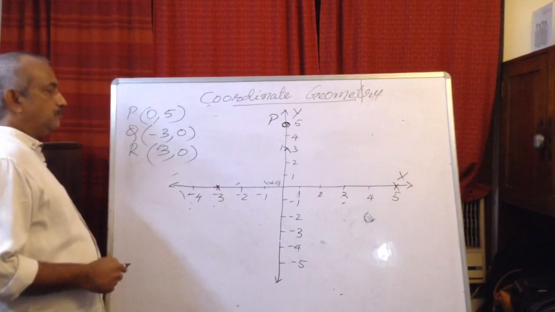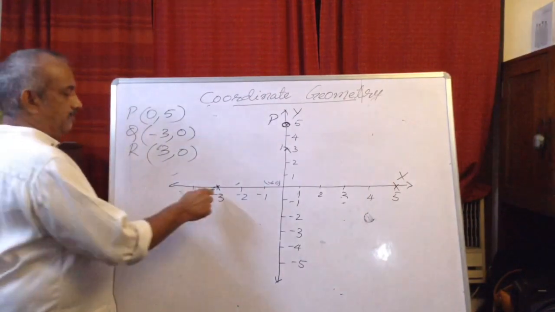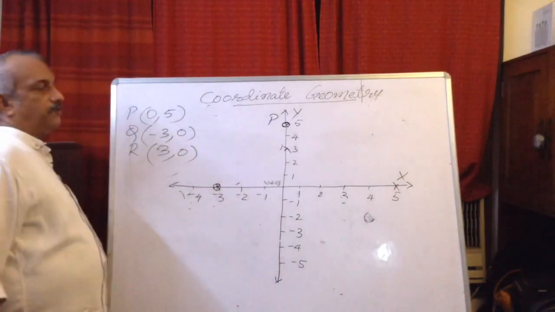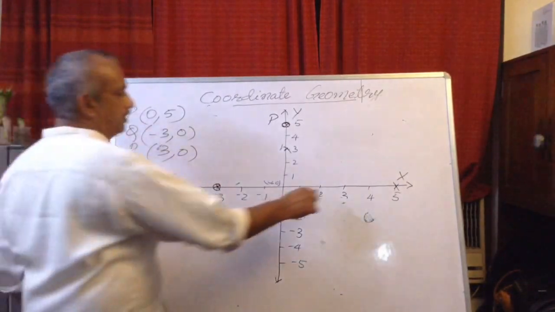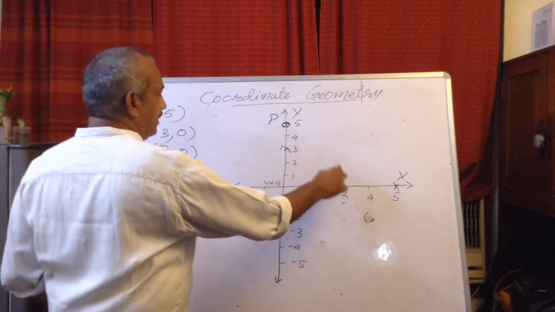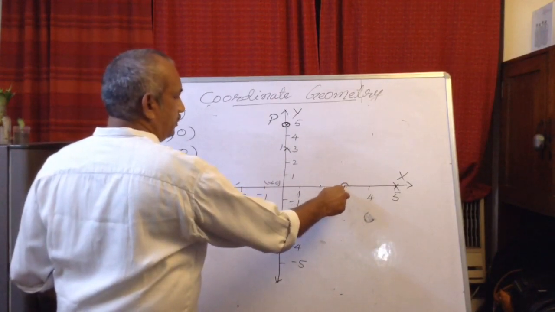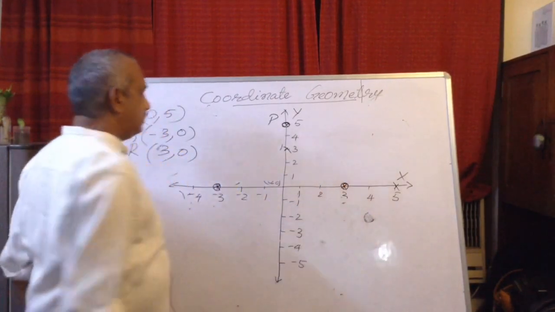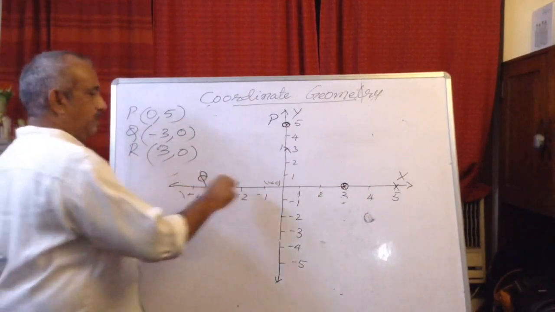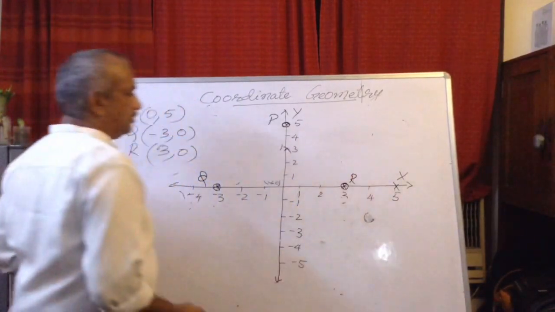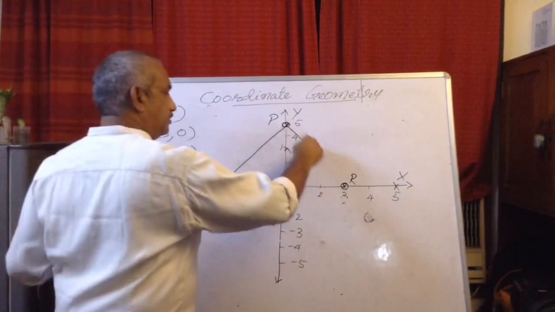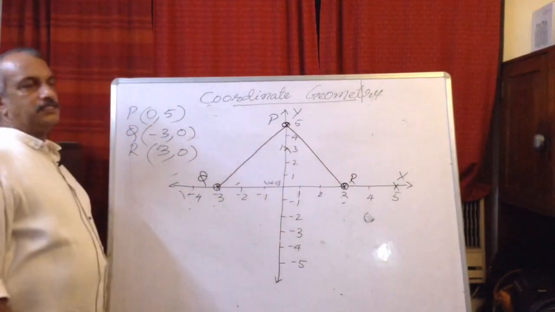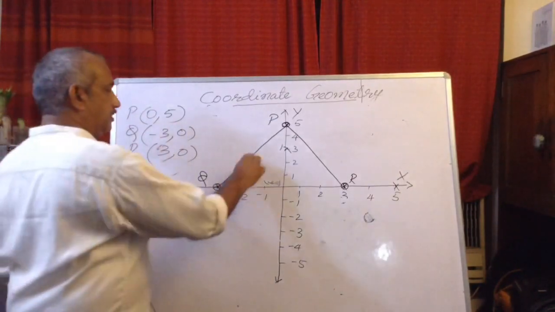Second one Q(-3, 0), this is the second point. Then the third one (3, 0): first we go to 3 on the x-axis and the y coordinate is 0, so here only it is this point. This is Q and this is R. Now you are asked to join them. So this is already joined, so this is the shape obtained. What is the shape? Triangle only.